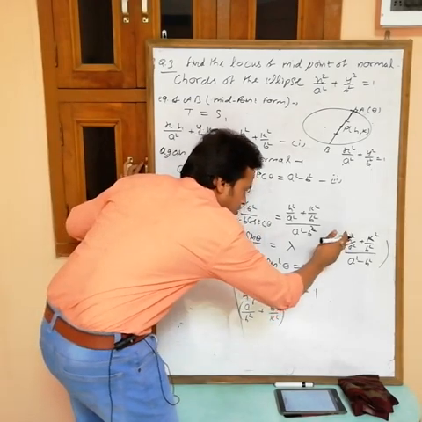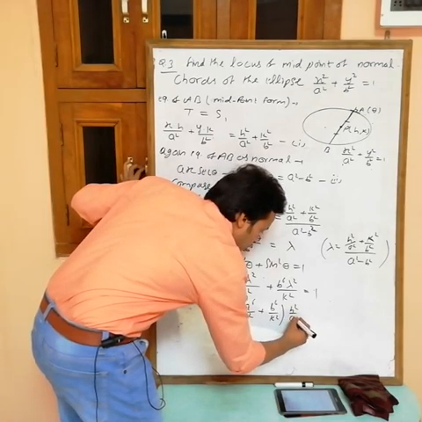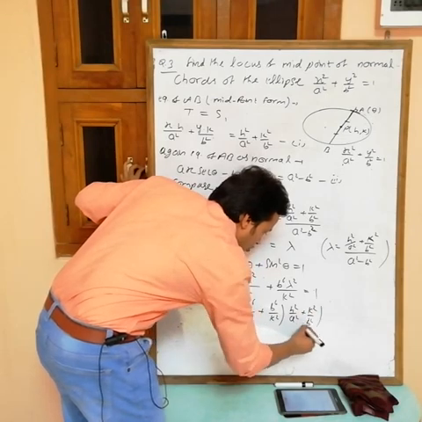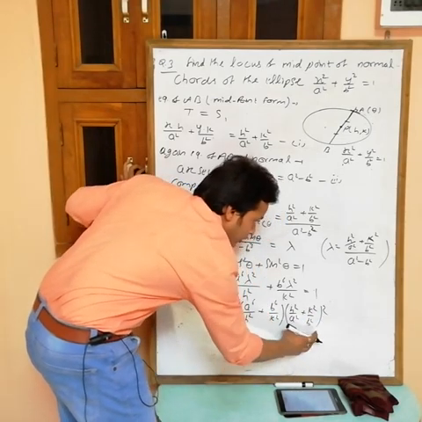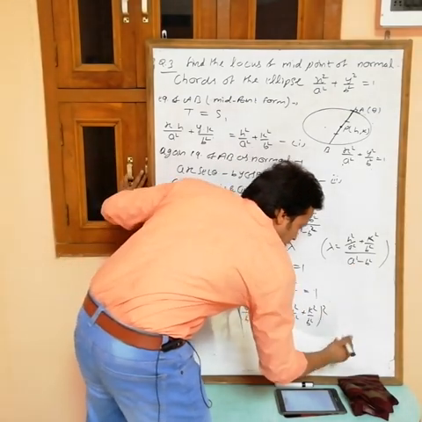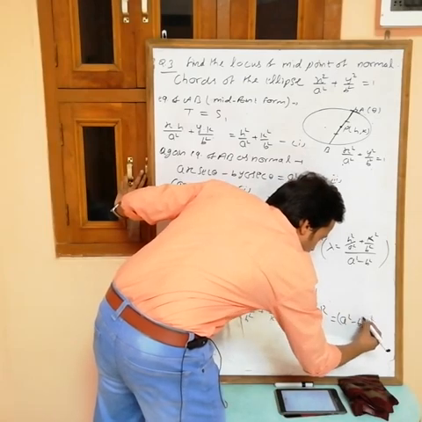Lambda square is this one square, h square by a square plus k square by b square whole square, and in the denominator we have a square minus b square whole square. I am writing at this side. Okay na, so a square minus b square whole square.